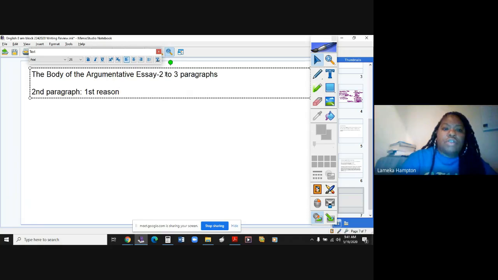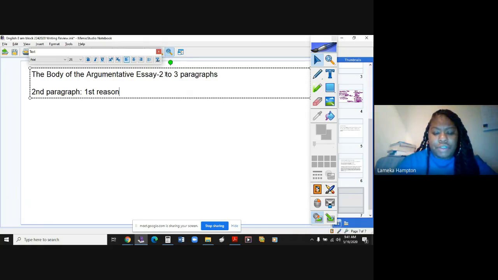Okay. So the first reason you feel schools should open up in August is because you can probably say the pandemic will have died down by then, or the pandemic should be non-existent, right? Something to that effect. So whatever your reason is, you would write that as a part of the body of the paragraph.